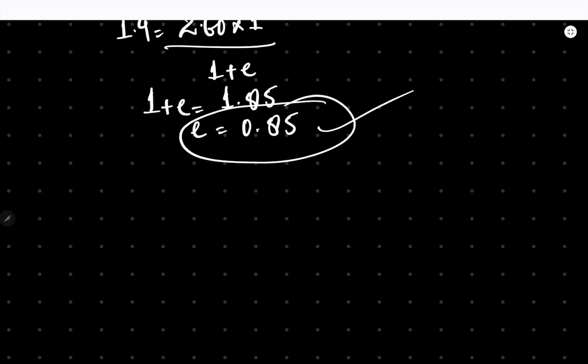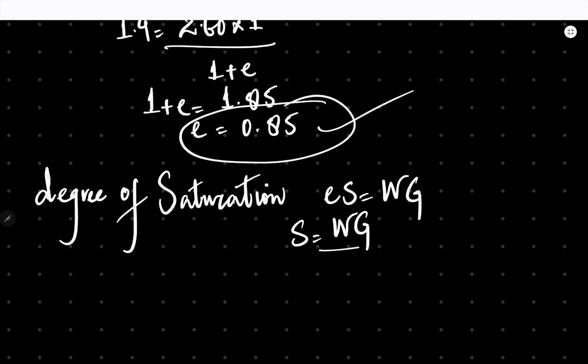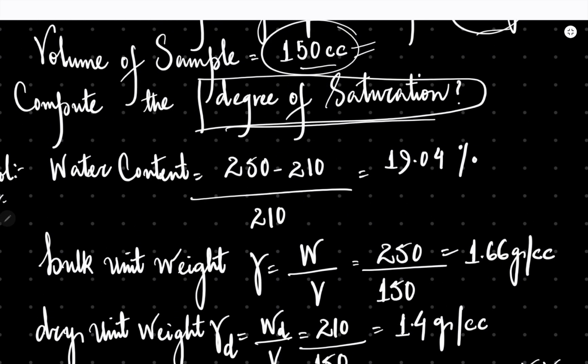We can very easily calculate degree of saturation, and that is what the question had asked us to find. Degree of saturation using the generalized equation is equal to w G by e. We know this, and this. Water content we have calculated in the very beginning.